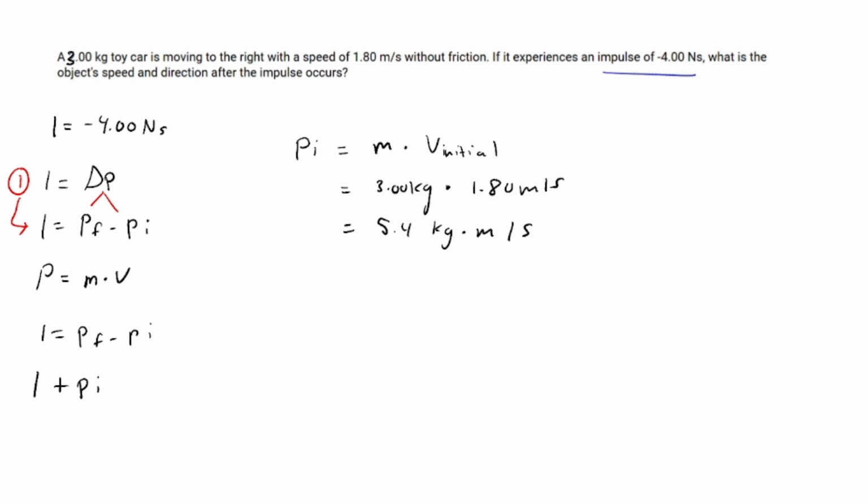So for our I, let's plug in -4. And for our initial momentum, let's plug in 5.4 kilograms meters per second, which we've calculated. And doing this will give us an answer of 1.4 kilograms multiplied by meters over seconds.